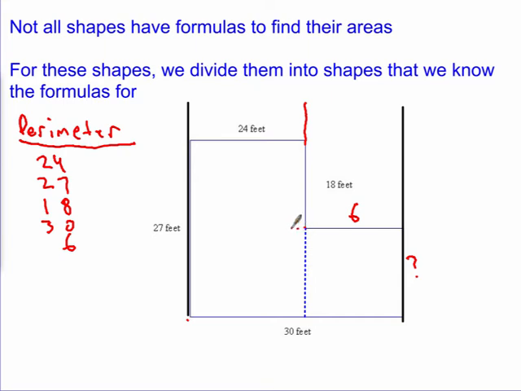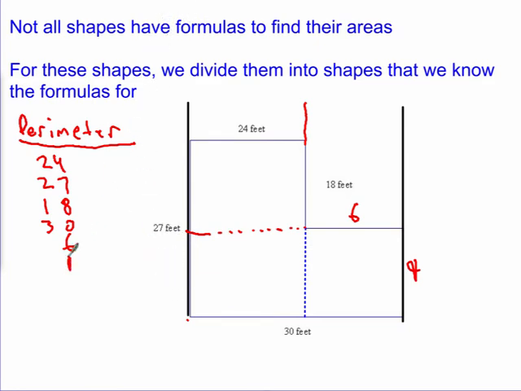So from here to here is 18. Question is, how much is left here? Well, 27 minus 18 is 9. Well, I know this side is the same as this side. So if this guy is 9, then this side must also be 9. And there we go. Now I've got all of my side lengths.